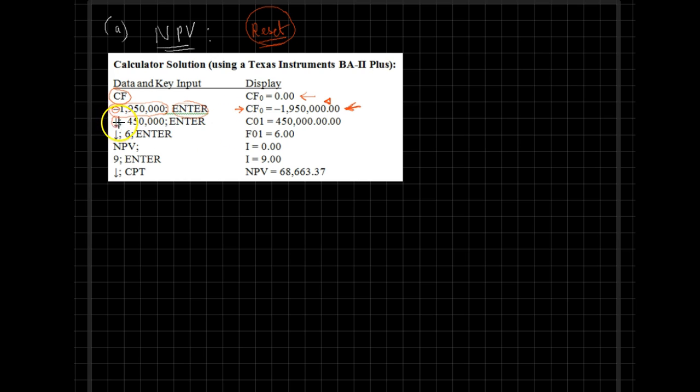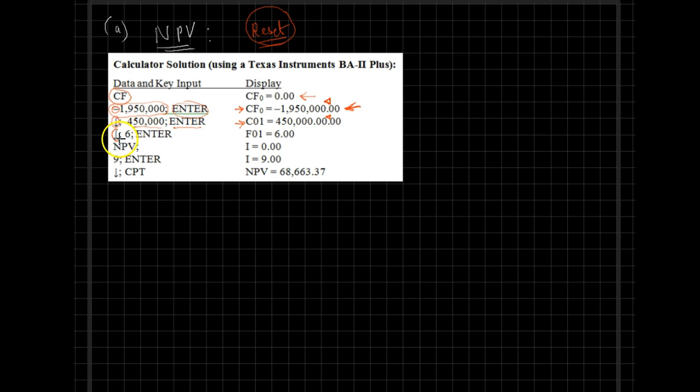Then you press the down key and start entering the free cash flows. We know the amount, so we enter the amount and then we press enter. The display now will present this. Again, you will see a sideways leaning triangle, and we would have to keep repeating this 6 times.